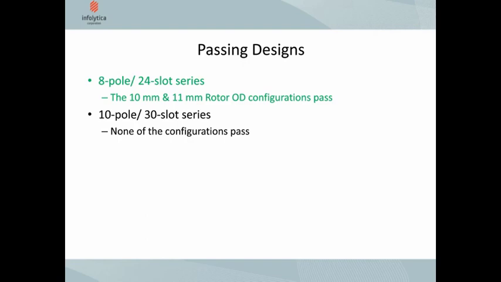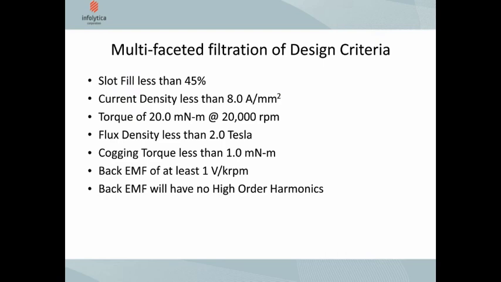So now, just as a summary, I want to make it clear that we have created a multifaceted filtration of the design criteria for this motor. The passing candidates have a slot fill less than 45%. The current density is less than 8 amps per square millimeter.